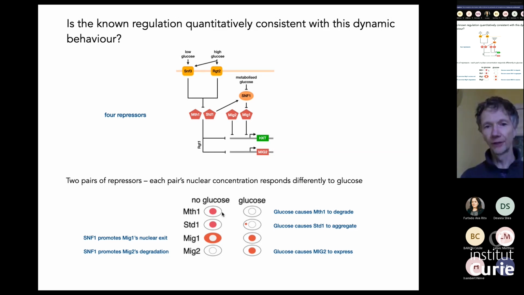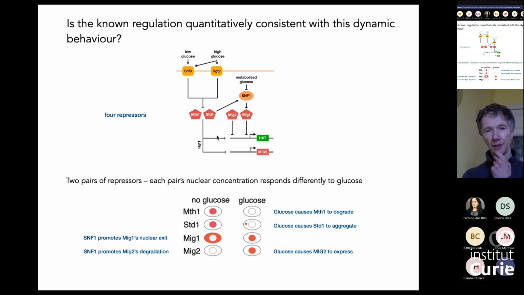And so they're in the nucleus and active in the absence of glucose. When I add glucose, it's sensed by these 2 proteins. This causes this particular repressor to be degraded. And this one does something different. It leaves the nucleus and aggregates into these foci on the vacuole. But the result is it's not in the nucleus. So in glucose, these both go away from the nucleus.